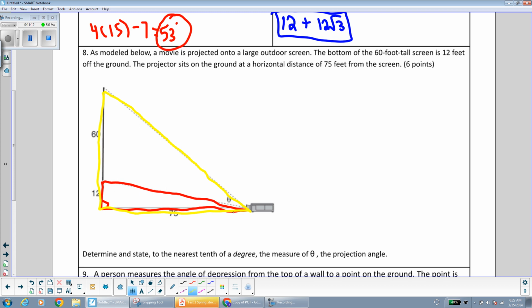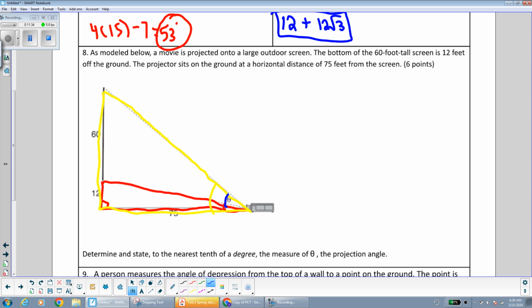In the big triangle, we can find this angle. And in the small right triangle, we can find this angle. And then we can subtract the two to get angle theta, which is what we actually need. So once again, yellow minus red will leave us over with blue.